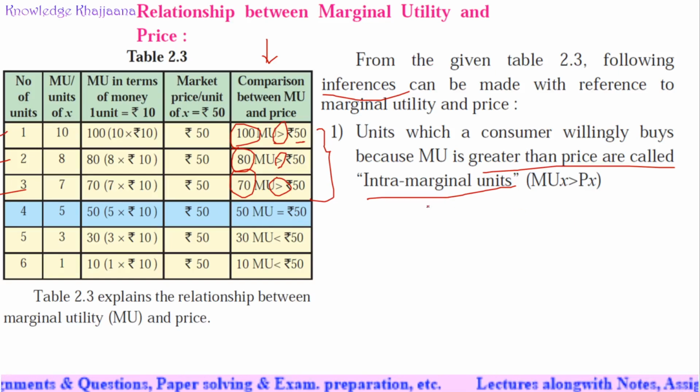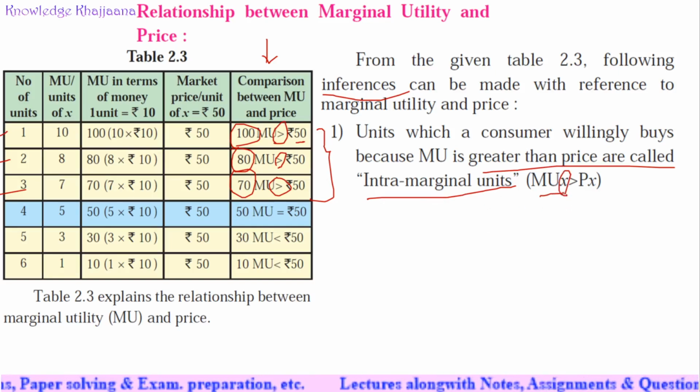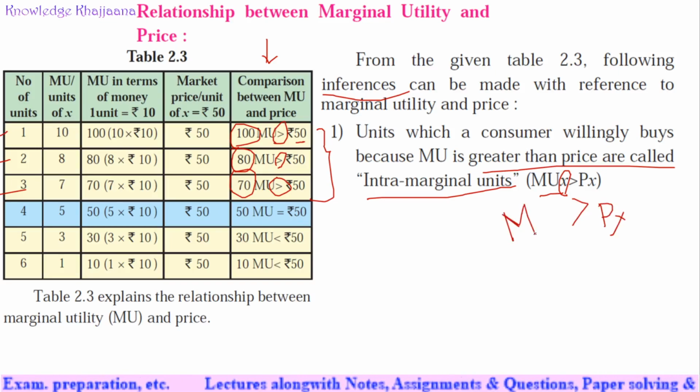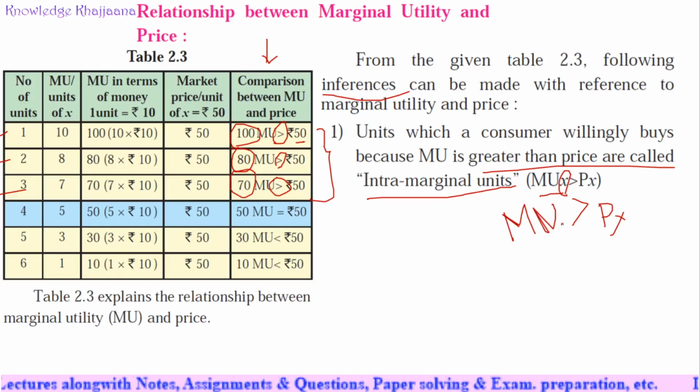So when there is the condition of intra-marginal units, the marginal utility of consuming product X is more than the price of X. This stage is called intra-marginal units.